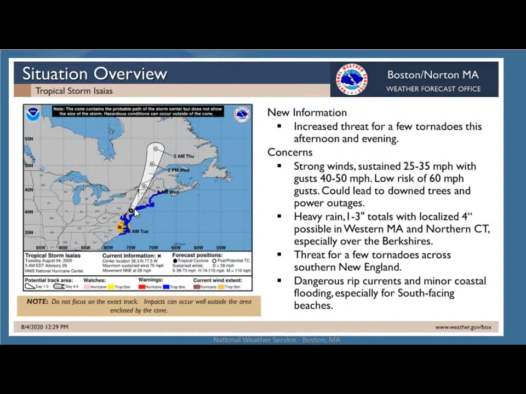On the right-hand side, we try to highlight the important, actionable information and some of the things that can affect people, mainly the strong winds, which can lead to power outages, and the threat for a few tornadoes across southern New England. If you live near the coast, you have to be aware of minor coastal flooding, especially if you live in a south-facing beach area.